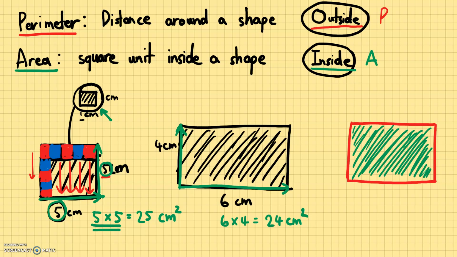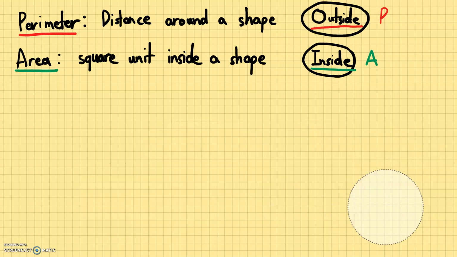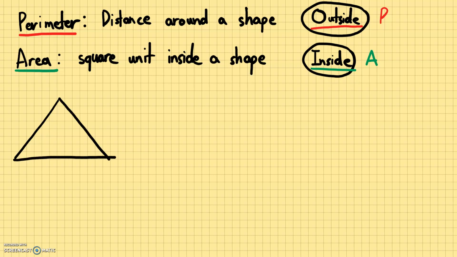Okay, let's try some examples with more, I guess not complicated, but less intuitive shapes than squares and rectangles. So a triangle. Actually, I'm not going to use a right triangle. So let's say I have a triangle. Okay, and let's say that this side is 6 centimeters, this side is 8 centimeters, and this side is 7 centimeters.